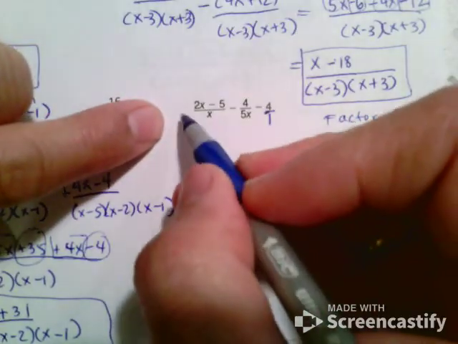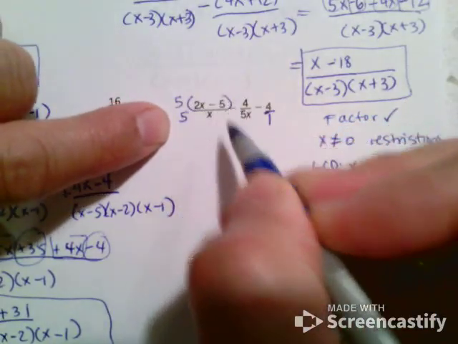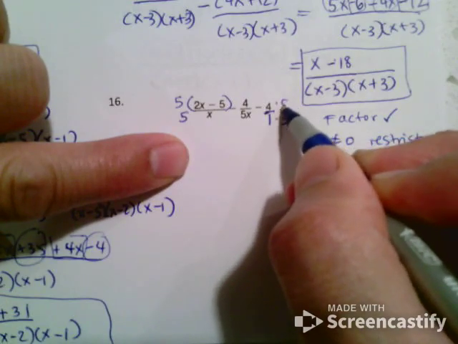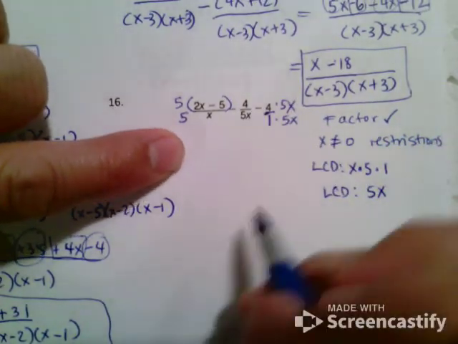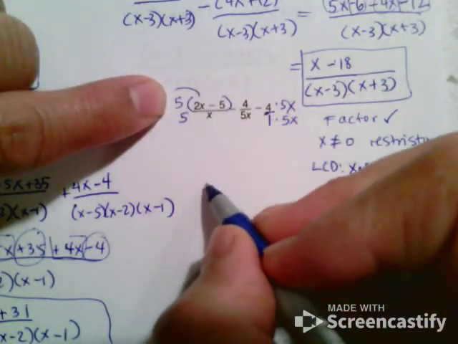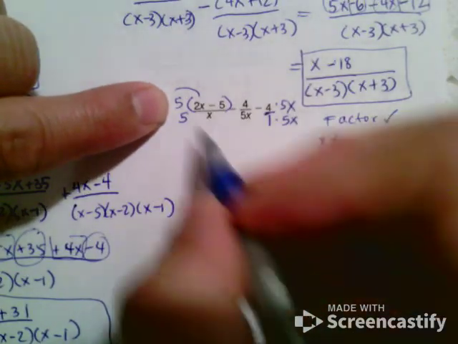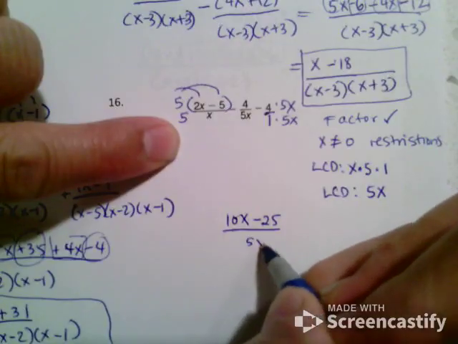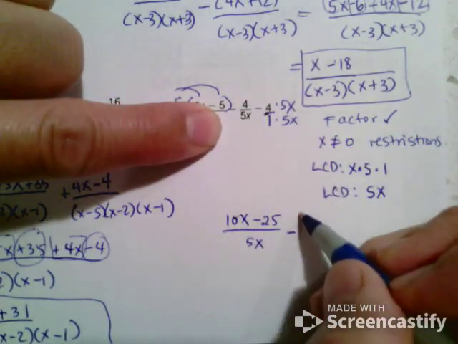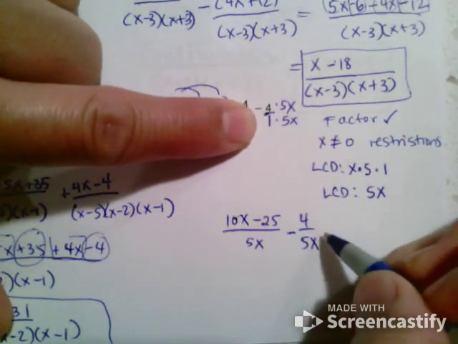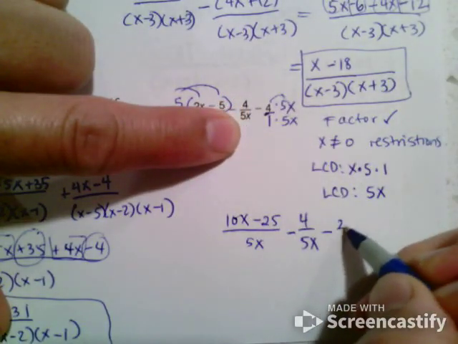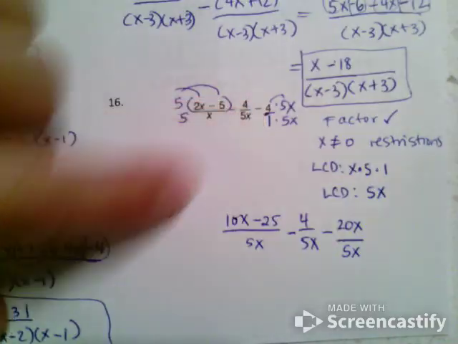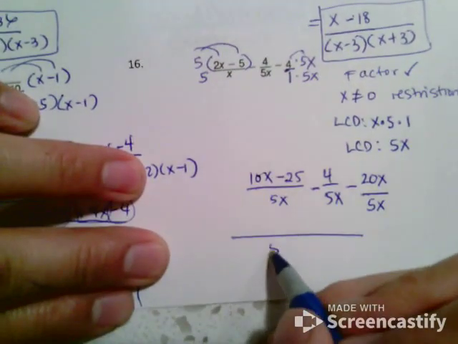So this one's missing a 5. This one has the LCD, and this one's missing 5x. Okay, so we're going to multiply. And then this one is already there. This one we're going to multiply. And then multiply. Okay, now we have the LCD.